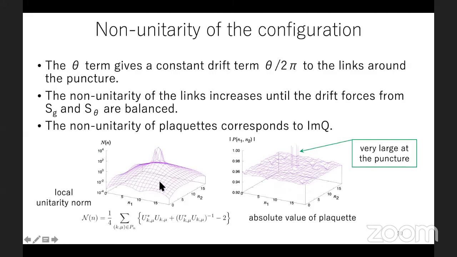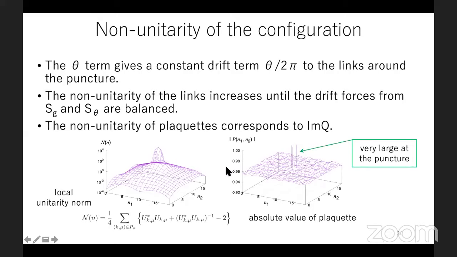This position is the puncture. You can see that the non-unitarity at the puncture is very high, 10 to the 4th. This is for a link, and this is the absolute value of the bracket on the lattice, so it observes the non-unitarity of the bracket. It also has a very sharp peak at the puncture.